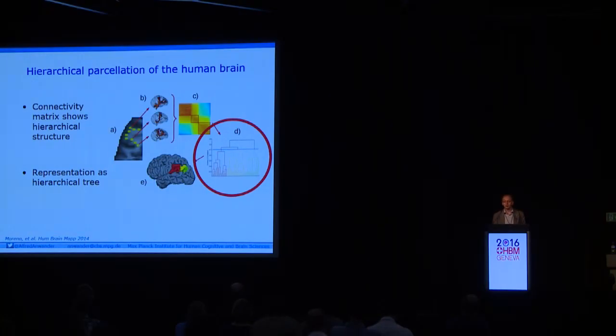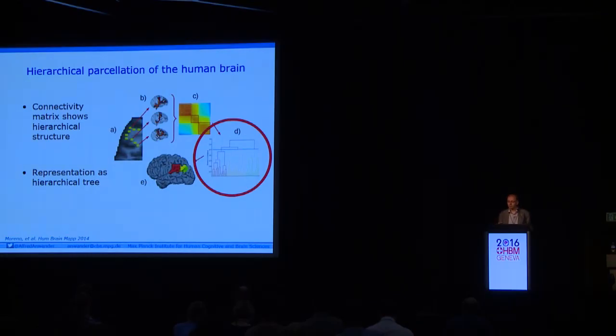We compute the similarity of the connectomes, of the tractograms, but then we translate this into a hierarchical tree, where we rearrange this matrix so that 2 points which are close together join very early, and they build up this tree. So the tree stores the whole information which is stored in the matrix. And then from this tree, we can cut it at a certain level and go back to the parcellation.